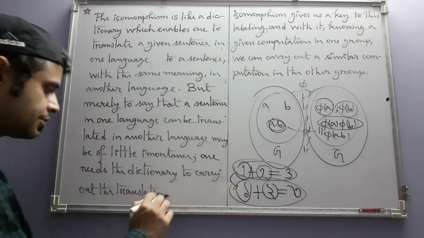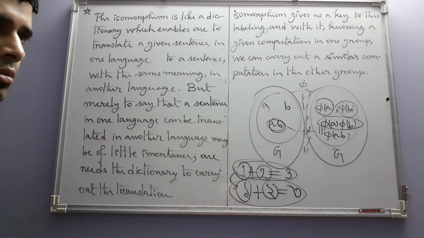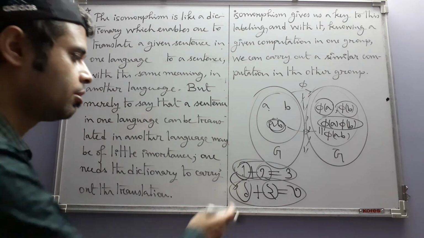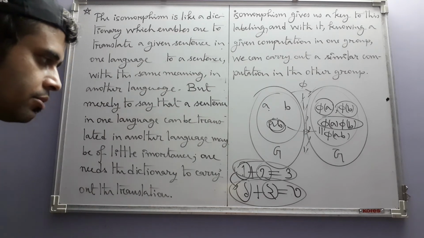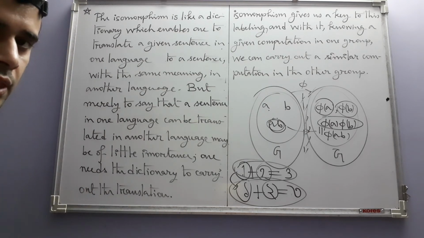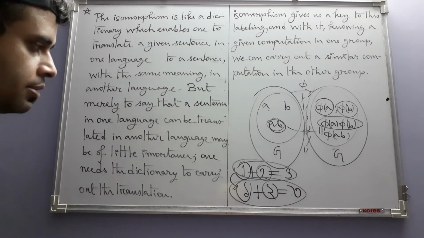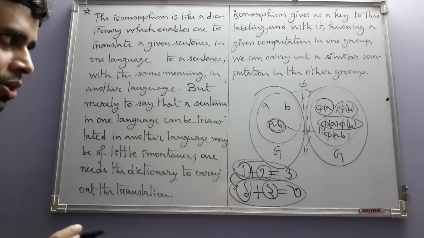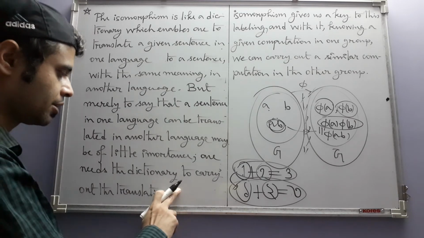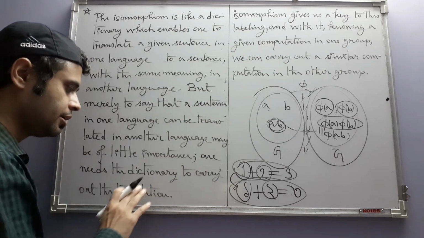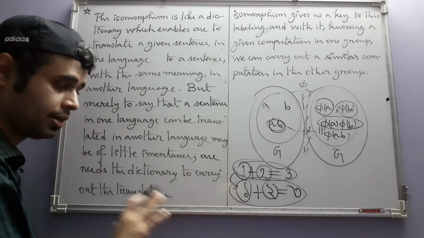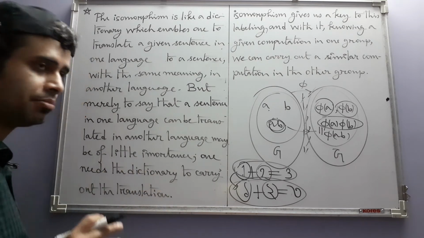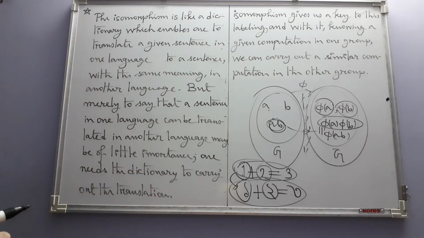The dictionary itself is more important than the mere fact that, say, you have one sentence in English and you say that it can be translated into a sentence with the same meaning in another language. That statement by itself may not be of much importance, but the fact that there is a dictionary and it can be used to carry out that translation, that dictionary may itself be more important.